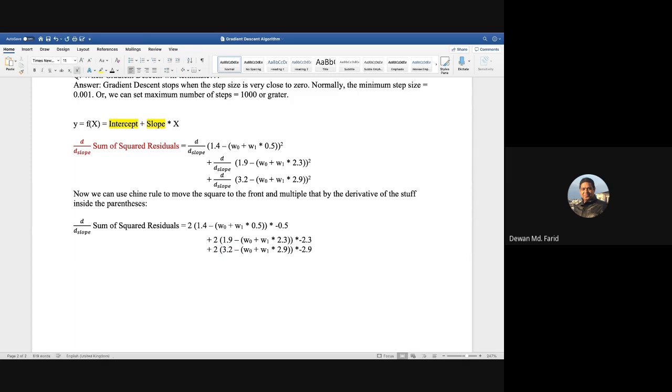So now you can write minus 2 times 0.5, then this will be gone, right? Is it clear? Yes, sir. We just simplify the equation, that's it.